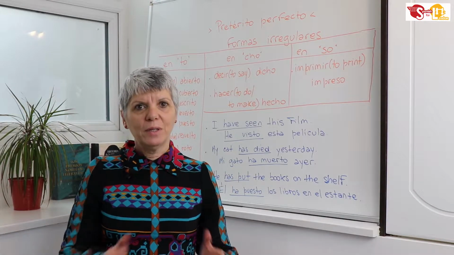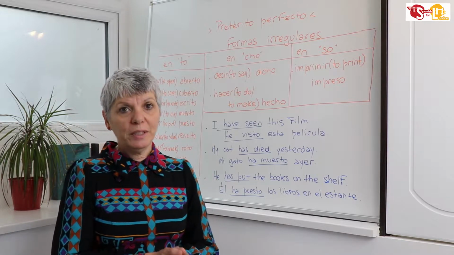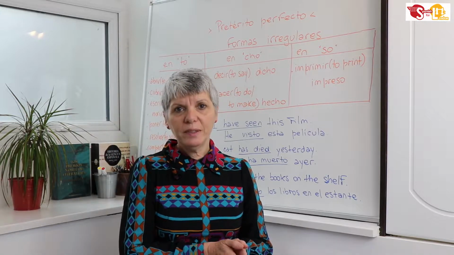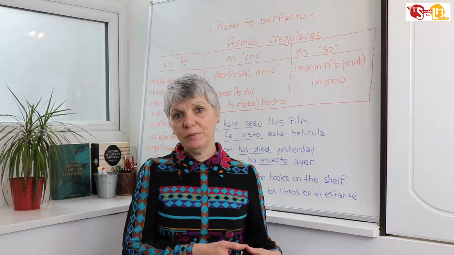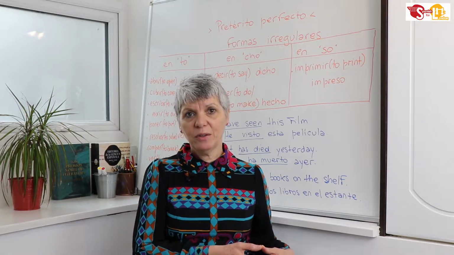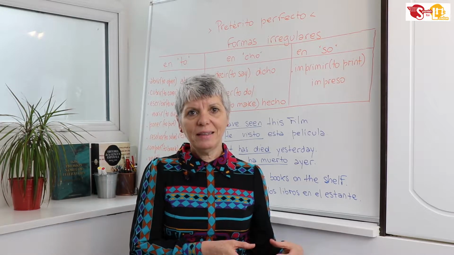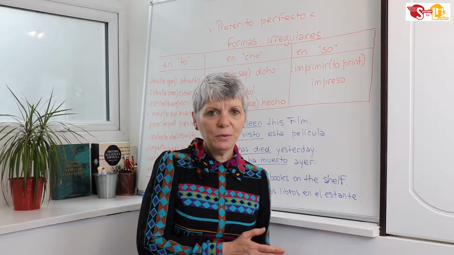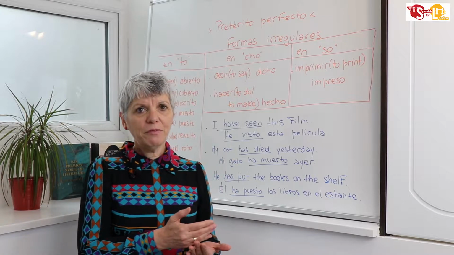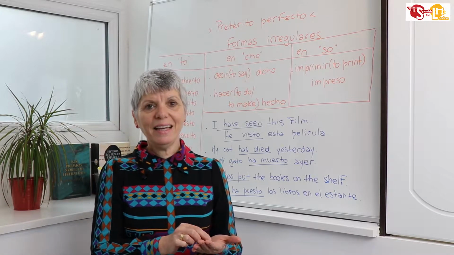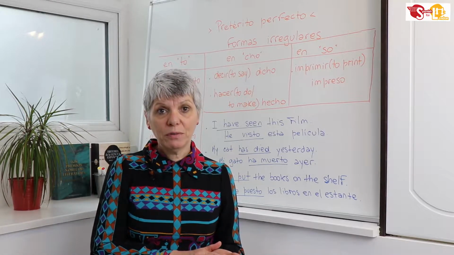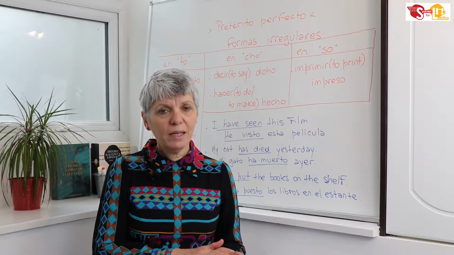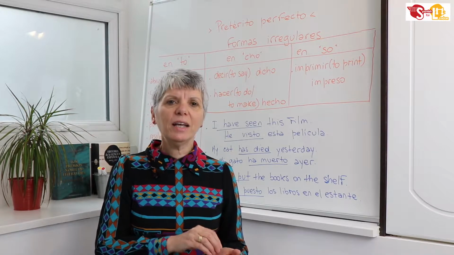Okay, so now we know that to form the pretérito perfecto, we say, for example, for I have finished, he terminado. So the terminado part is finished. As you know, in English, when I say I have finished, we have the ed ending for regular forms. But sometimes in some verbs, we have an irregular form.